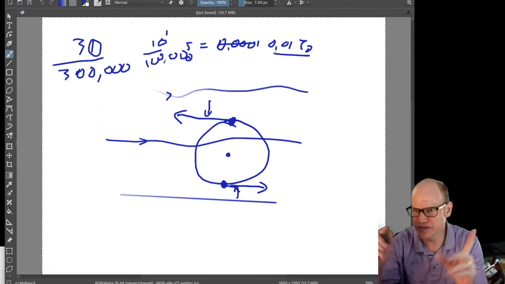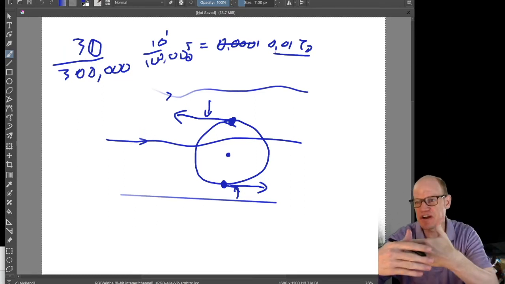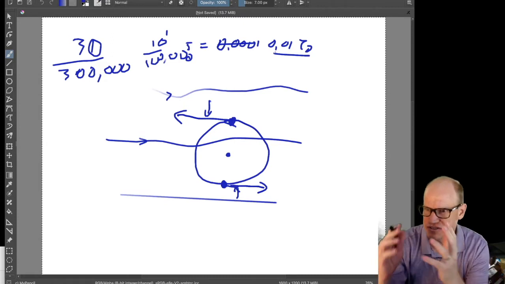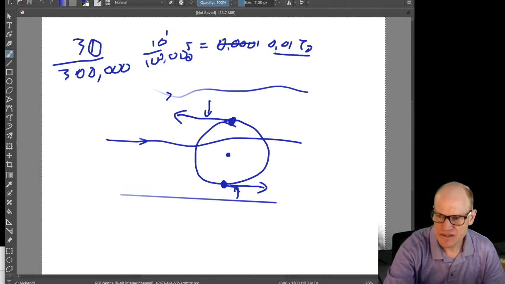You get a factor of 2 there because you're moving in one direction and then you're moving in a completely opposite direction, as opposed to starting from 0 and then going around that.